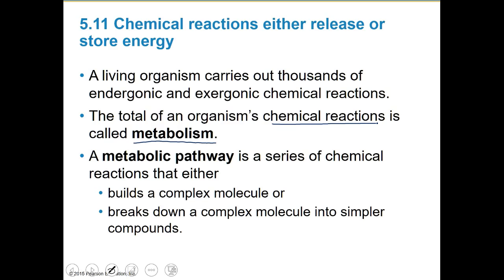Different definition. When we're talking about the chemistry, we're talking about metabolism as far as all the chemical reactions in a body. A metabolic pathway is actually a series of chemical reactions that either build a complex molecule or break one down. Okay, so either of those.